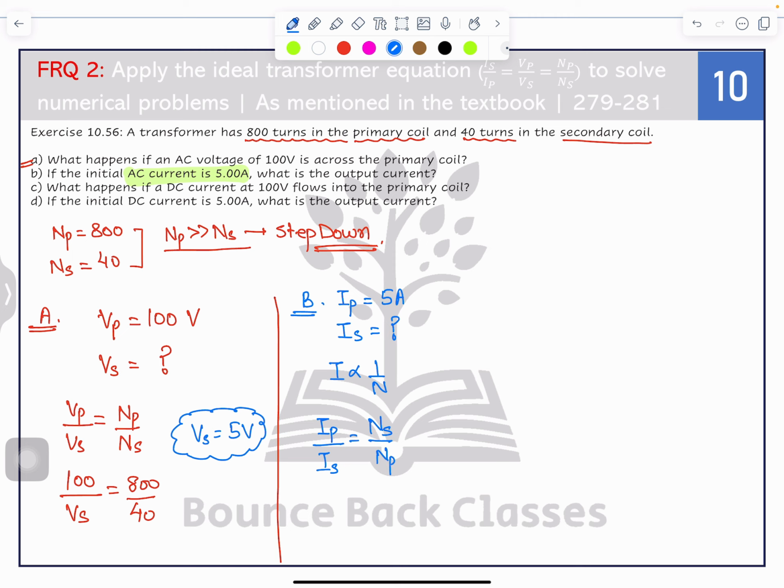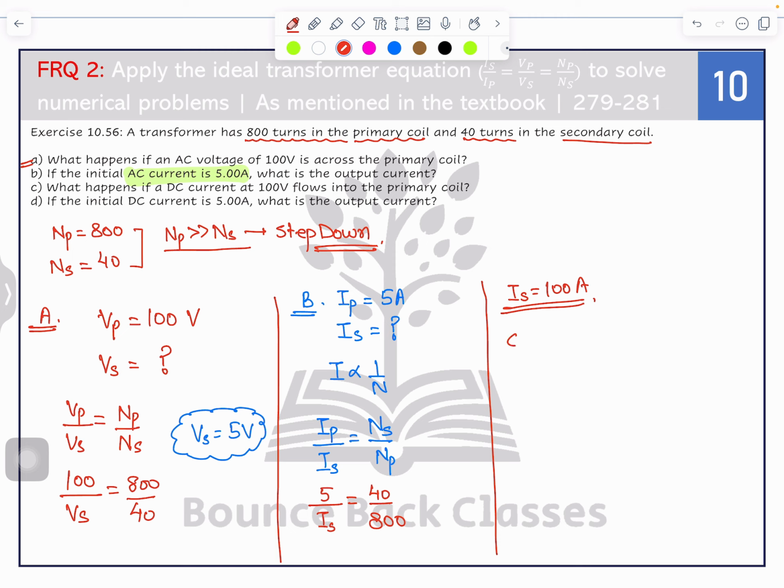Yes or no? Okay. Now place the value. So 5 divided by IS secondary. What is the NS? 40 divided by 800. So just solve it fast. So value of IS is equals to 100 ampere. Clear? Current increase, voltage decrease.